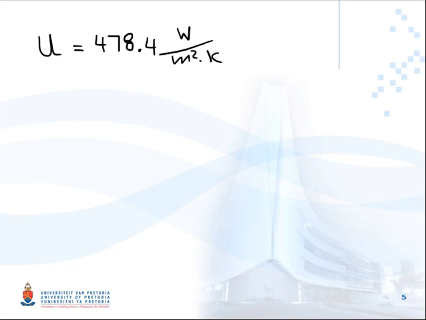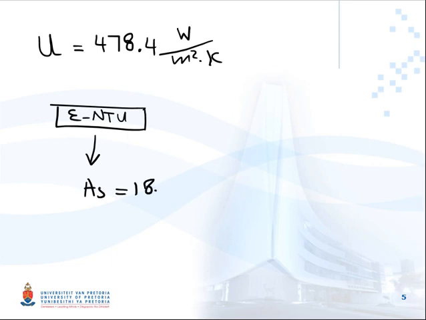Okay, now what we did in our previous lecture, we said that from this point we are going to use the epsilon-NTU method, and we solved the problem and found A_s to be 18.38.